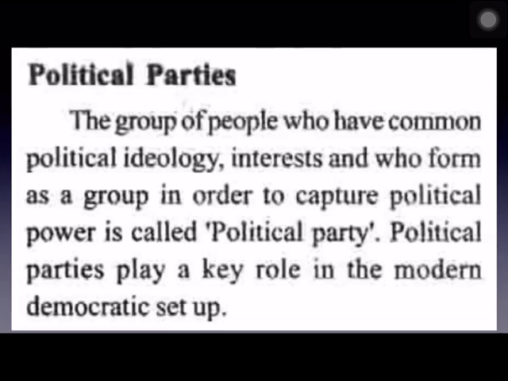If they set up political parties, they can become the leaders, and if their party wins the elections, they can become the leaders of the state or country. The group of people who have common interests, common aims, and common ideologies form into a group, and this group of people is called a political party. And what is the main aim of the political parties? To capture political power. And these political parties play an important role in modern democracies.